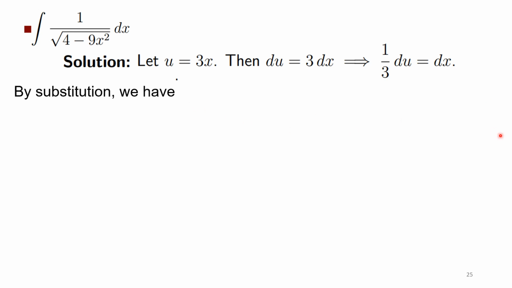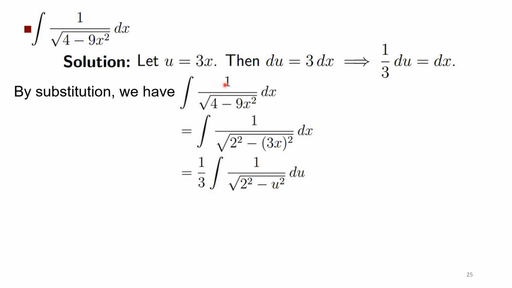So by substitution, the integral of 1 over square root of 4 minus 9x squared dx is equal to 1 over the square root of 2 squared minus the quantity 3x raised to the second power dx. Because dx is 1/3 du, you have 1/3 du over the square root of 2 squared minus u squared.